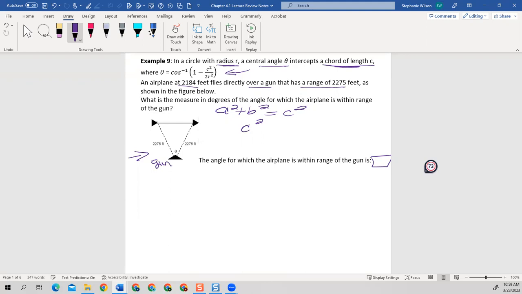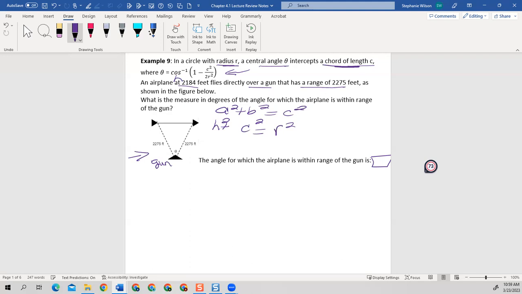We're going to let a be my height, and right here is our height, because that's how far it's flying above. And it's going to equal my r, my radius.